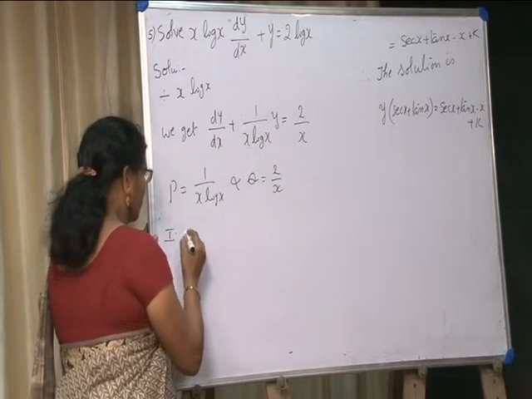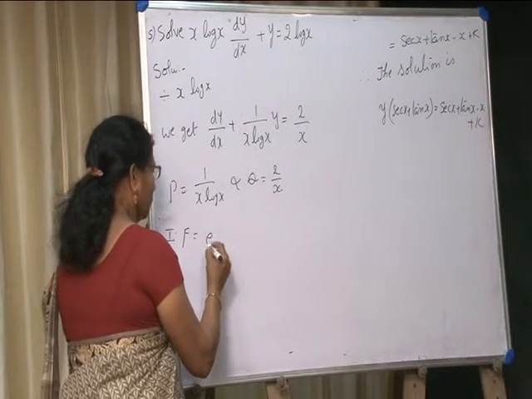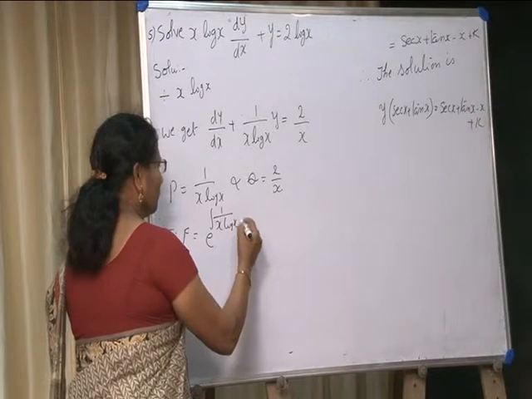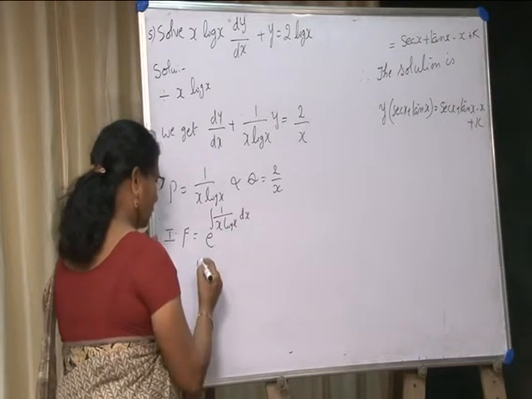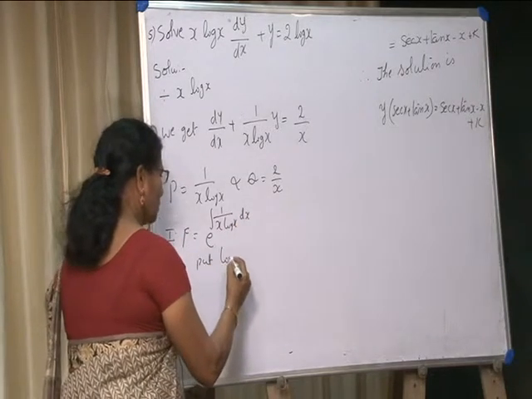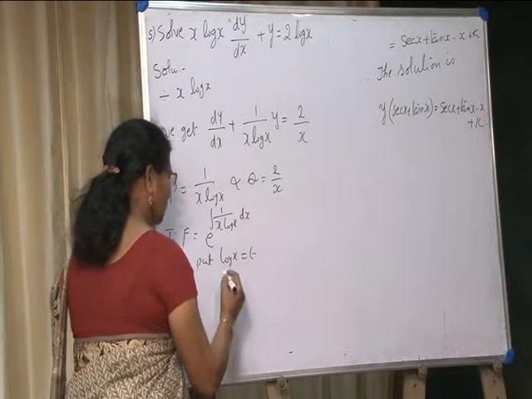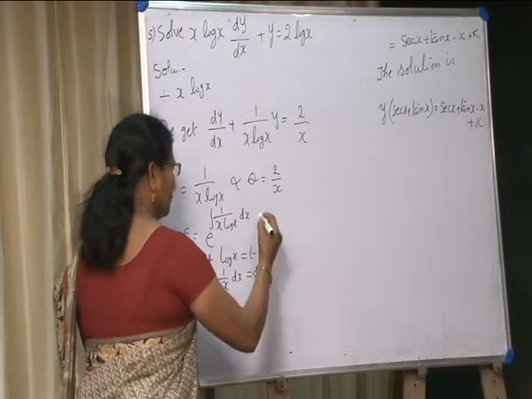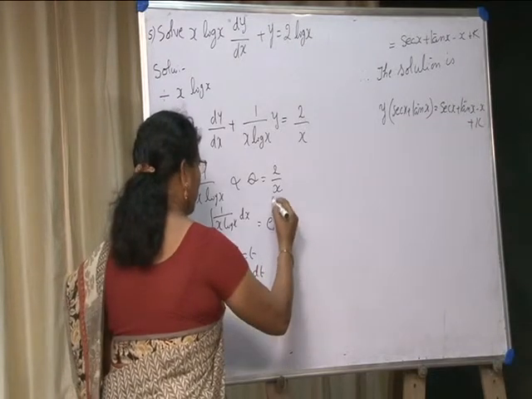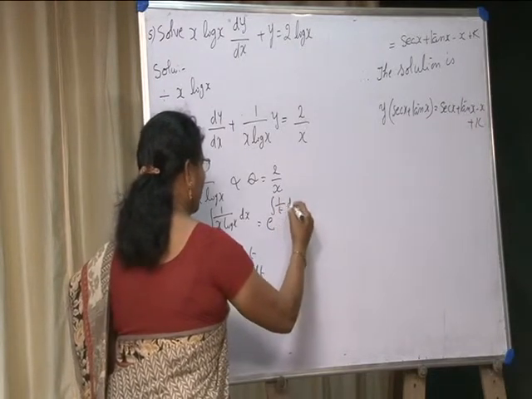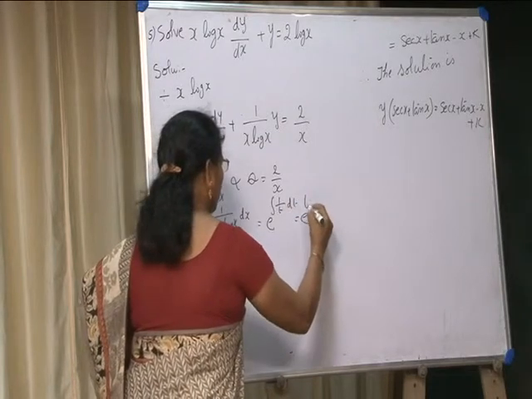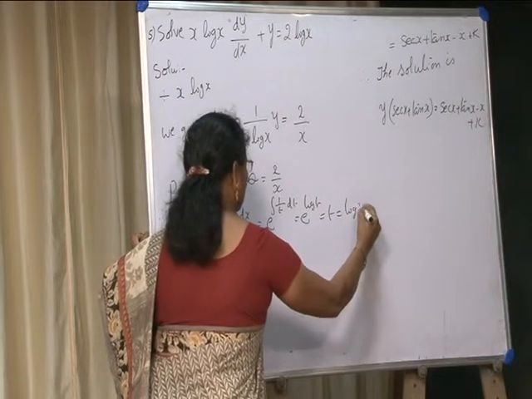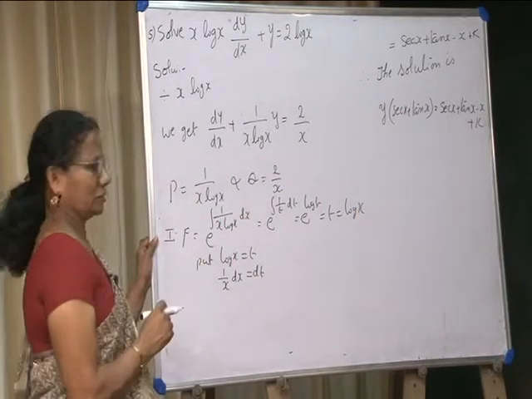Integrating factor is equal to e to the power of integral of 1 over x log x with respect to x. Put log x is equal to t, 1 over x dx is equal to dt. This is equal to e to the power of integral of 1 over t dt, e to the power of log t, that is log x.